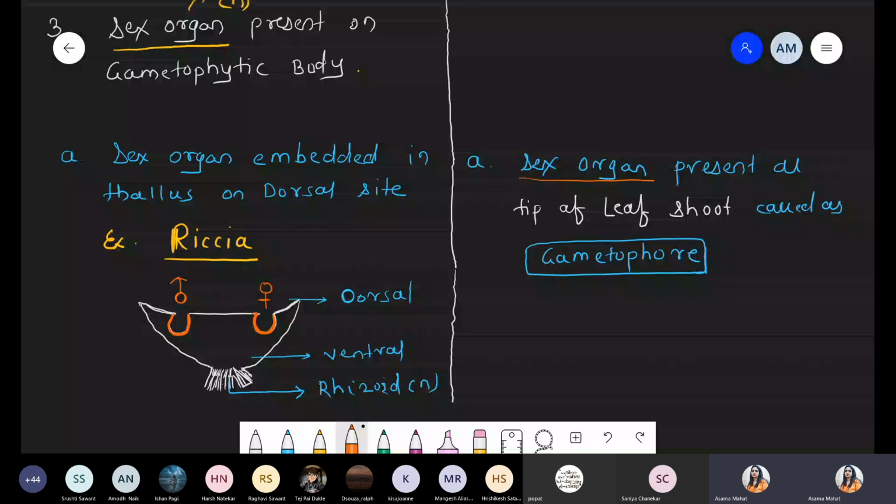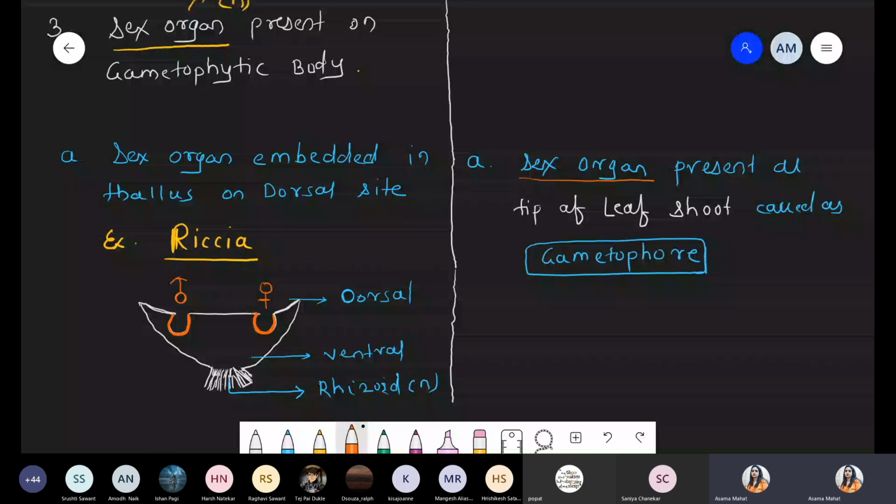After germination, the spores develop into the gametophytic body. Initially the gametophyte is immature, and at that time it can perform photosynthesis, absorb water, and absorb minerals. At maturity, on the tip of that gametophytic body, because we discussed mosses, basically these are called leafy mosses because leaf-like structures are present. So on the tip, sex organs are present.